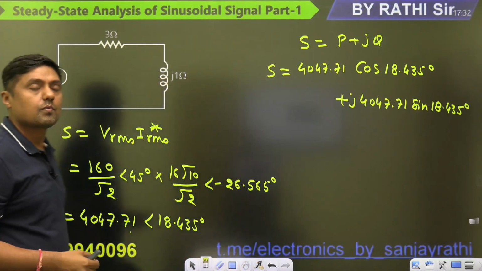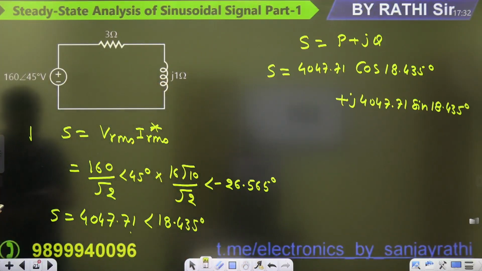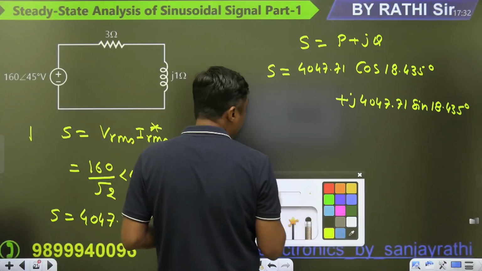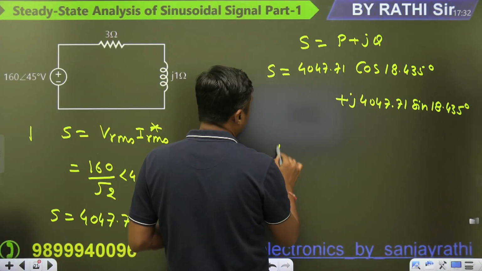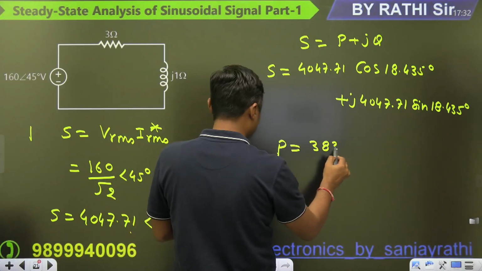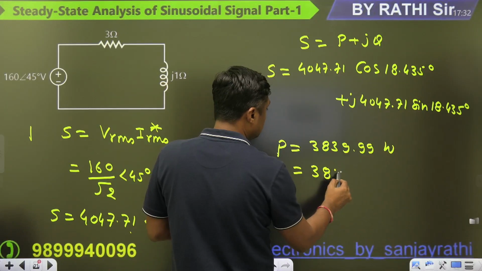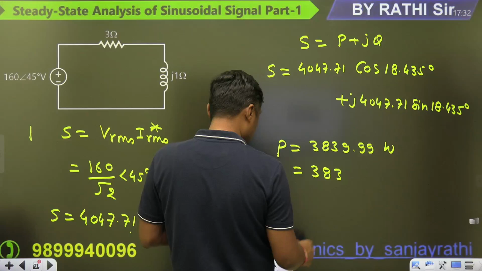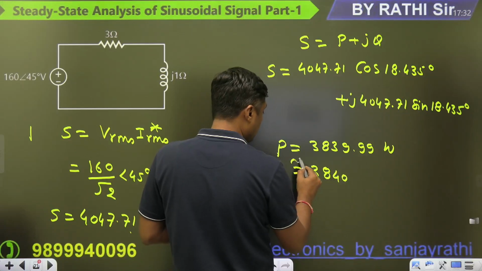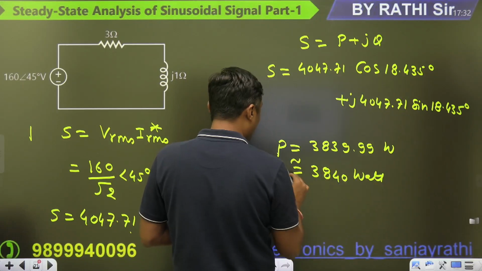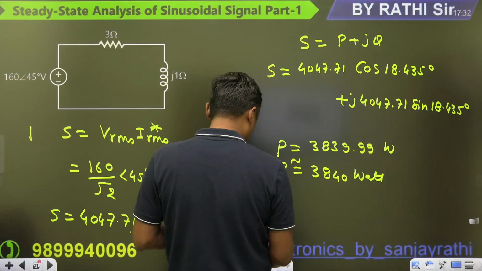Now you can find the value. 0.9486 into 4047.71 gives P as 3839.99 watt, about 3840 watt. This is the value of effective power or average power, guys.